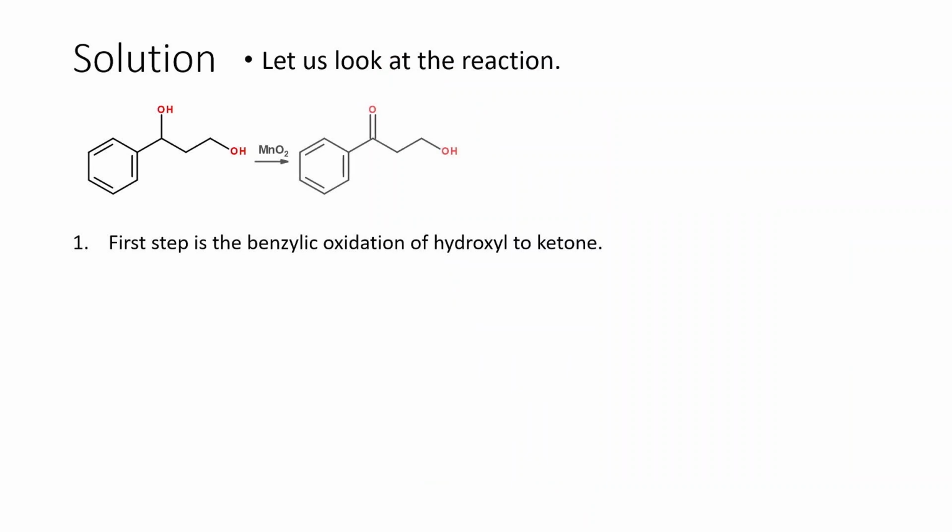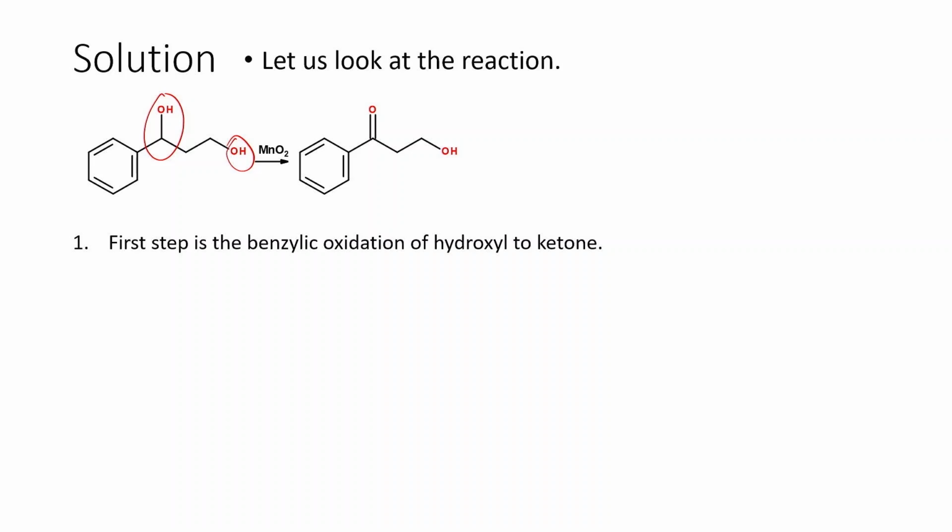Now how are we going to do this? We have a benzylic alcohol here. This benzylic alcohol has to be oxidized first, leaving this alcohol. This should not undergo oxidation, because if this also undergoes oxidation and we use the ethylene glycol protection, both will be protected. That is the problematic one.